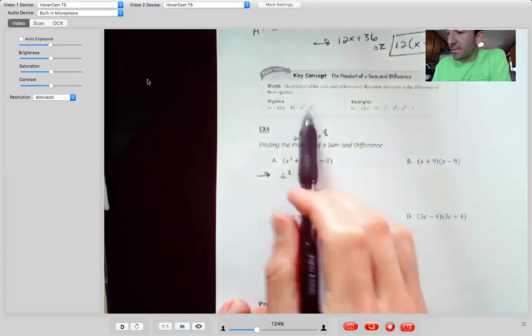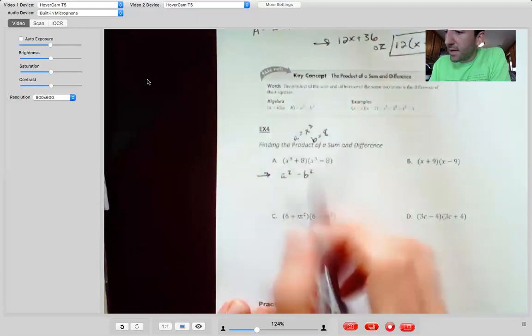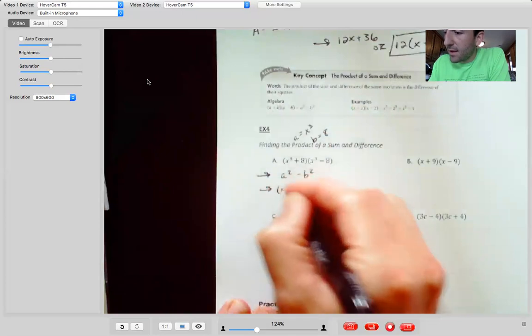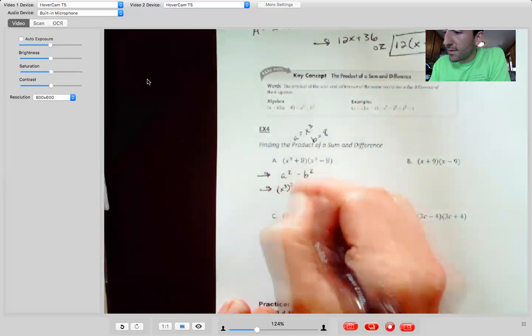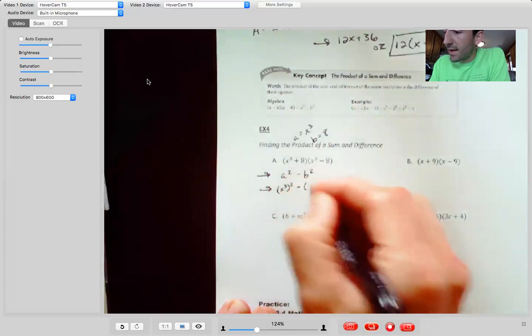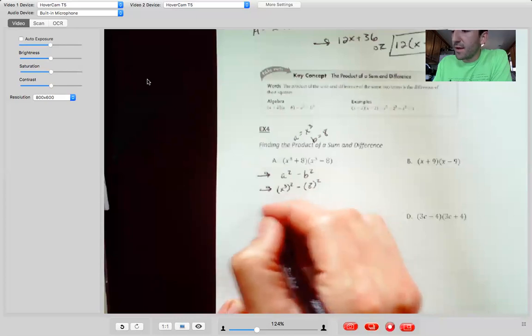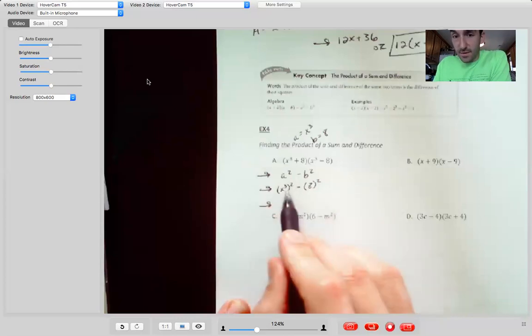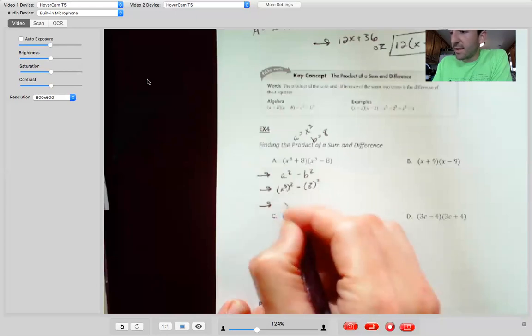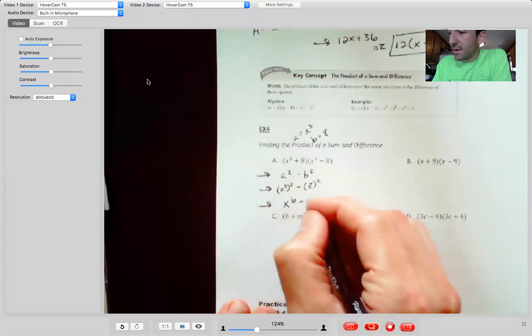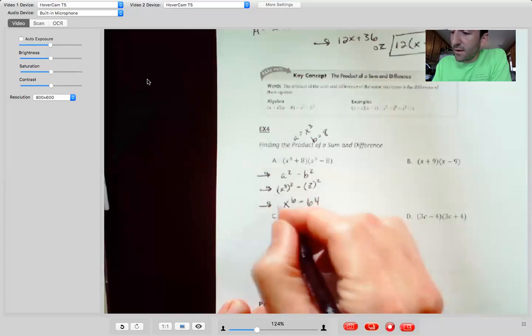And again, it just factors out to a squared minus b squared, so we'll go ahead and sub in: x cubed squared minus 8 squared. And then we have to simplify, of course. Remember our exponent rule here is to multiply, so that's equal to x to the 6th minus 8 squared, which is 64.